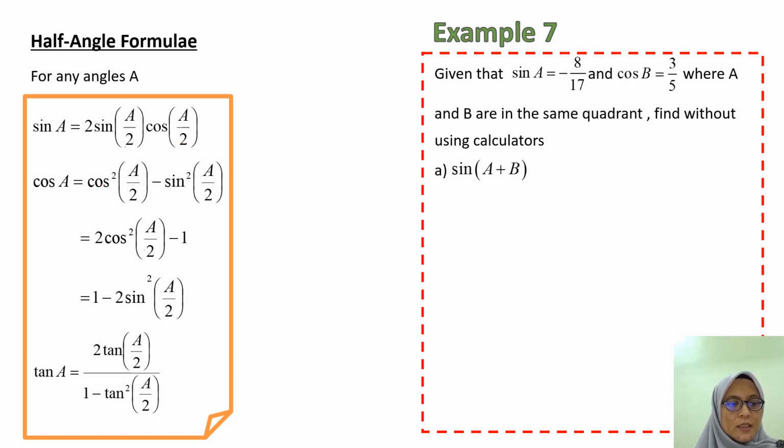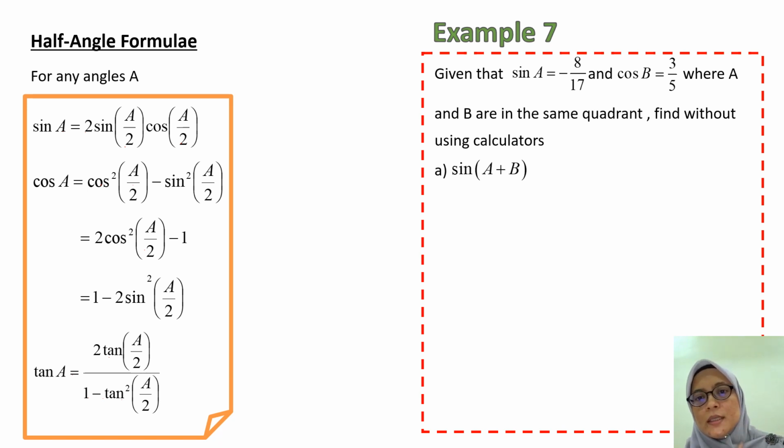So then tangent A equal to 2 tangent A/2 over 1 minus tangent square A/2. So formula half angle ni dia lebih kurang sama macam formula double angle. Cuma dia punya angle tu adalah half lah. So kalau nak ingat, so macam tu lah dia punya formula.